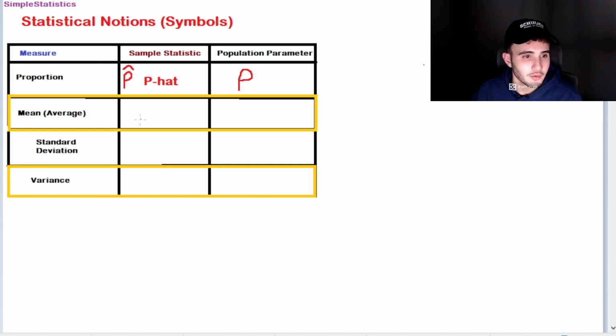Now, moving to average for a sample versus a population. In a sample, the mean is denoted as X bar.